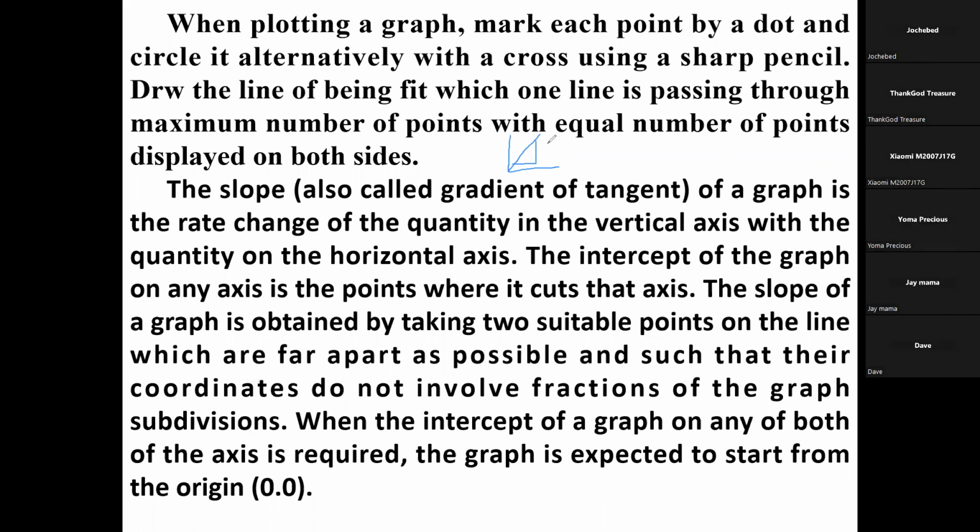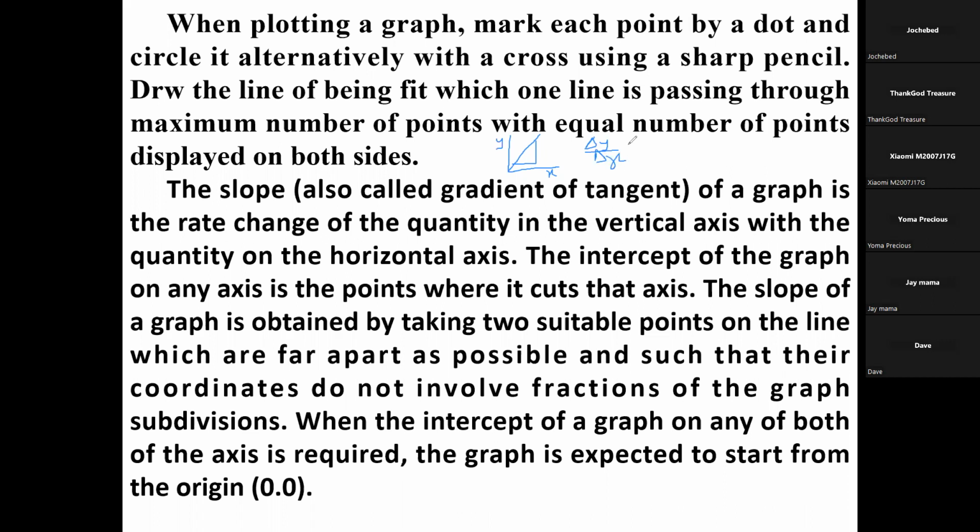The triangle tells us the rate of change of a particular quantity. Let's say we are plotting y against x. To calculate our slope, we say slope is change in y divided by our change in x.